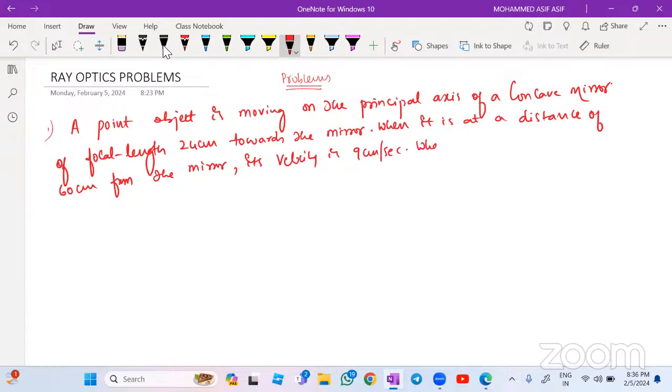Tell me what is the velocity of the image at that instant. Sure, try to do it.